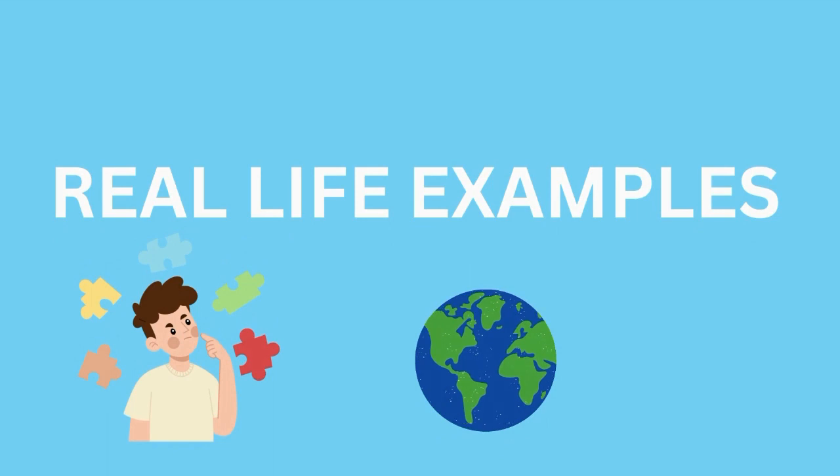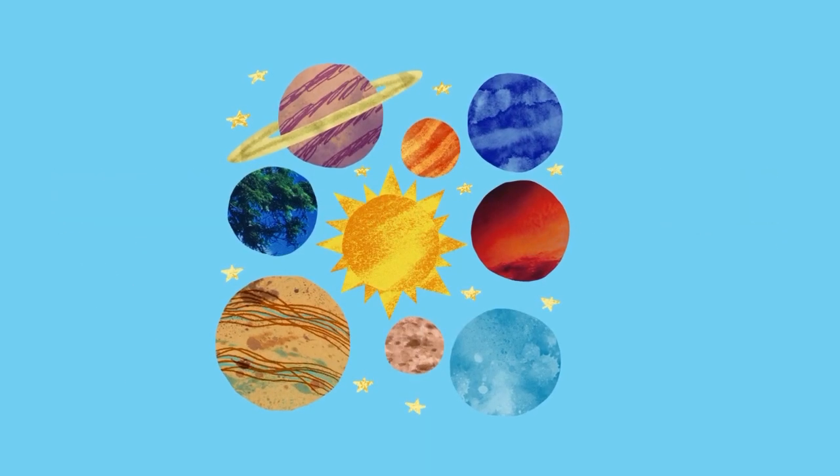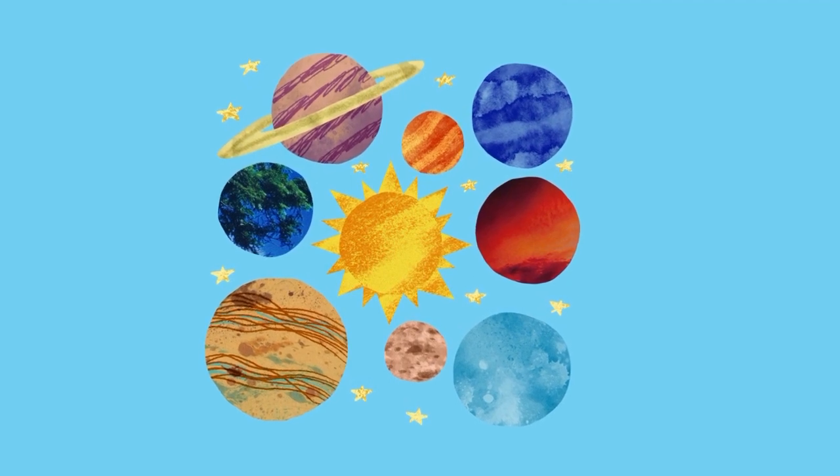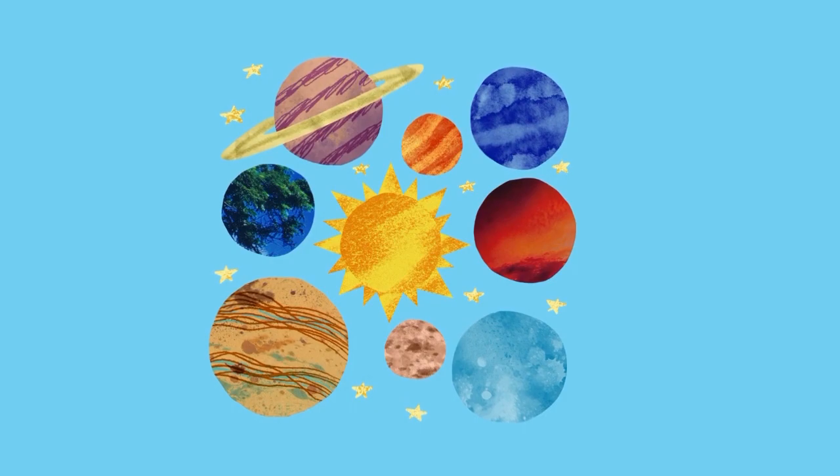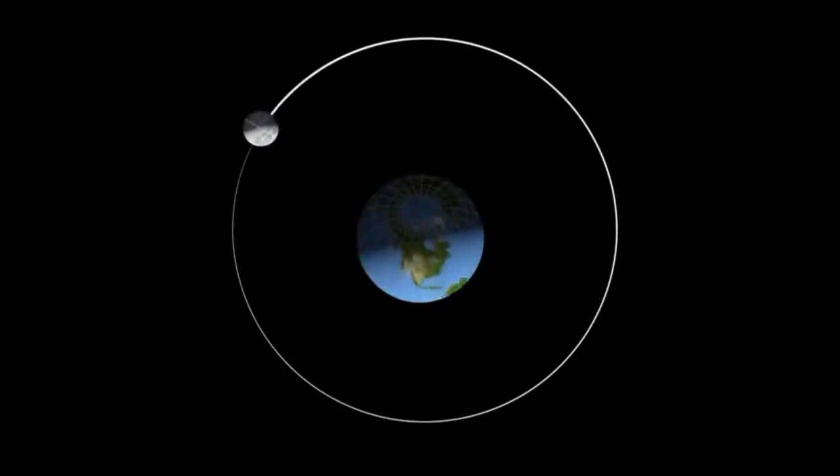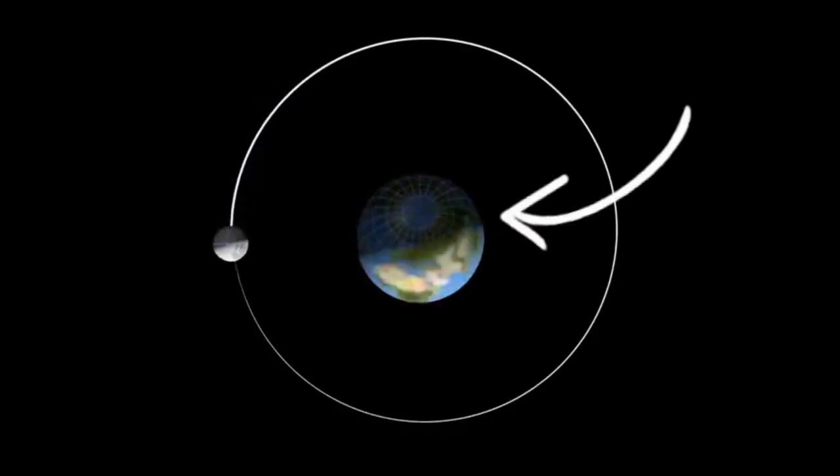Now let's look at some real life examples of periodic motion. Let's go back to space again, our solar system, the moon. For this example, I'm going to use the moon and the earth. This is the earth and this is the moon. This moon is orbiting around the earth.